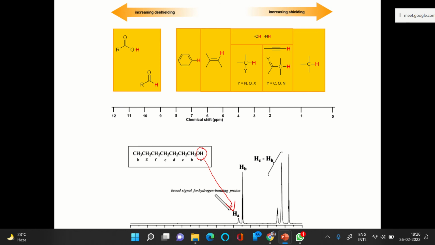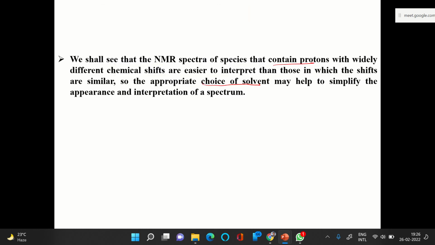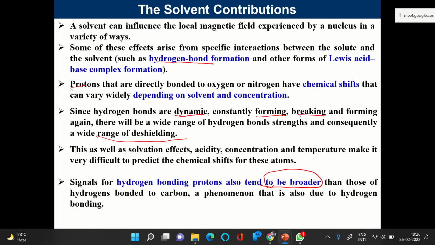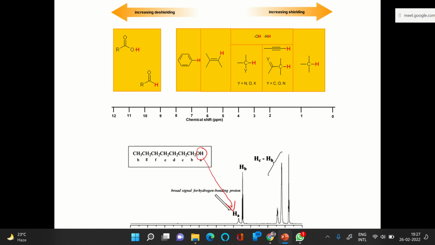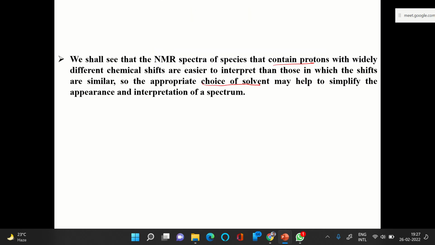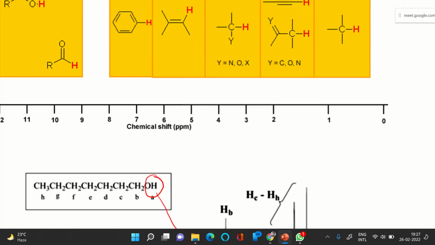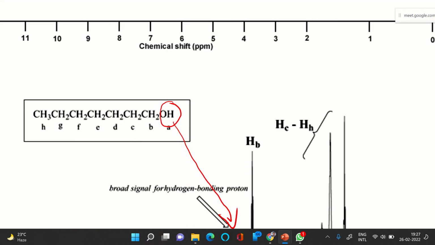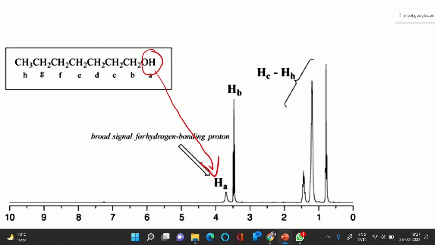If you see carefully, if you zoom in over here, this is the peak that you see.